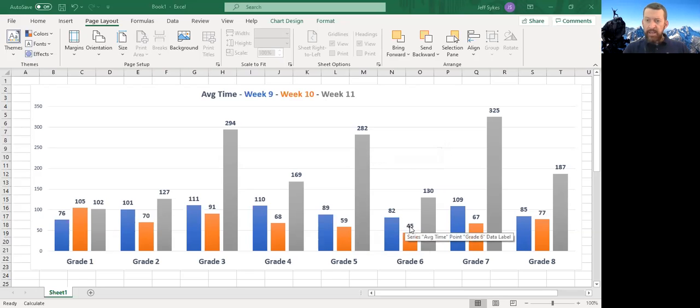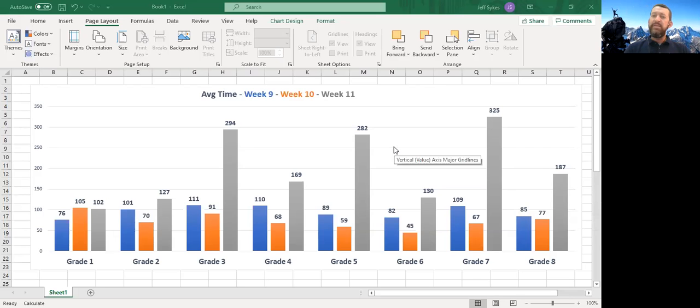In grade 6, although it looks like it's not quite as significant, you've got to remember there are fewer students, but that's a 3 times growth, 300% growth from week 10 to week 11. In grade 7, it gets even bigger. We see 4 times the growth in the average amount of time students are spending on ExactPath, 325 minutes. In grade 8, although it's still the one lagging behind, we can see that that time has doubled.